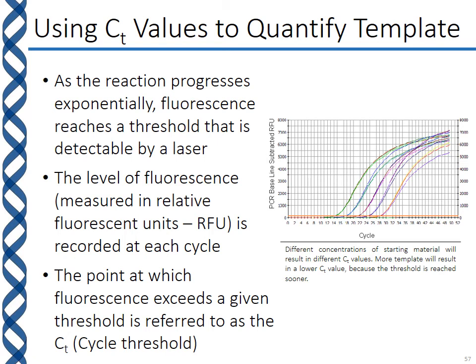So this graph has been normalized to subtract out that baseline fluorescence and really only report the results above that baseline. So you see the curves. There are some replicates in there. As you can see, there's several different colored lines that line up all together.